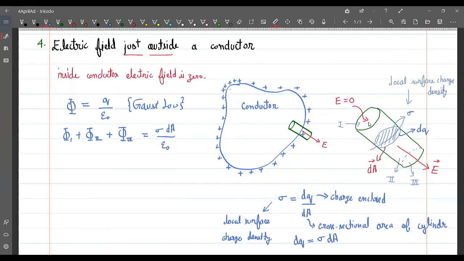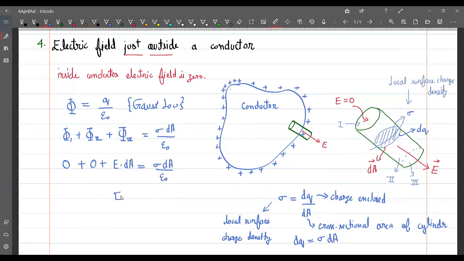Flux through surface 1, there is no electric field, so it will be 0. Flux through surface 2, electric field is along the surface, so that is also 0. Now flux through surface 3 is E times dA. Again, the direction of dA is along the electric field. So this is sigma dA by epsilon naught.